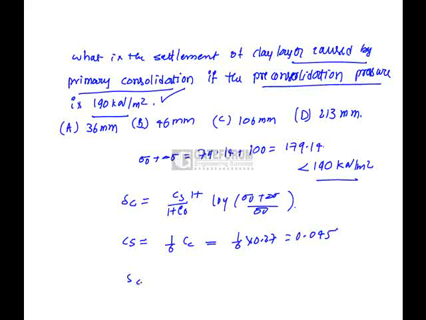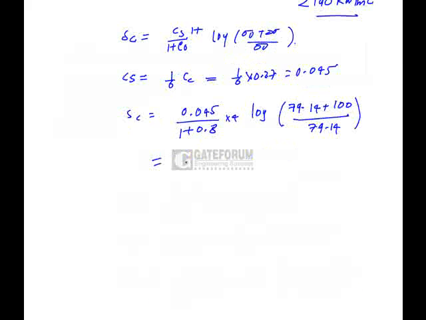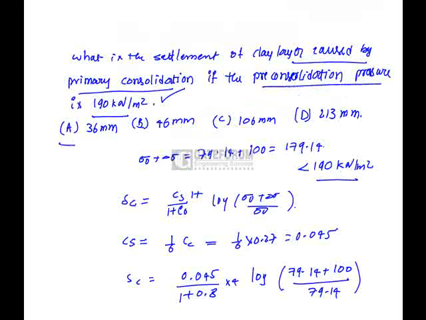So if you substitute Cs is equal to 0.045 divided by (1 plus 0.8 void ratio), and H is 4 meter thickness of the clay layer, log of sigma naught 79.14 plus delta sigma, the external load acting on the top from the question, 100, divided by sigma naught 79.14 from the previous question. The value comes to 36 millimeters. So option A is correct.